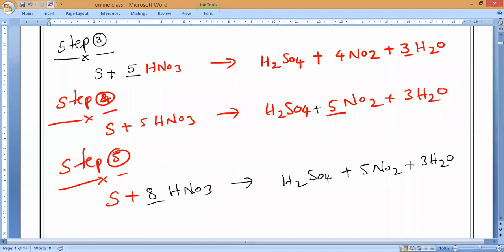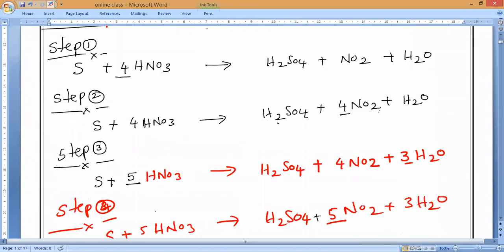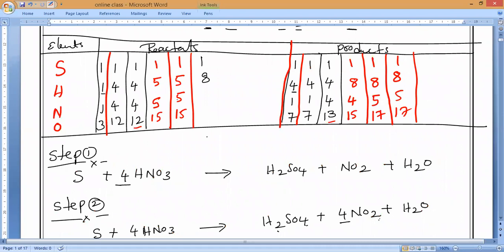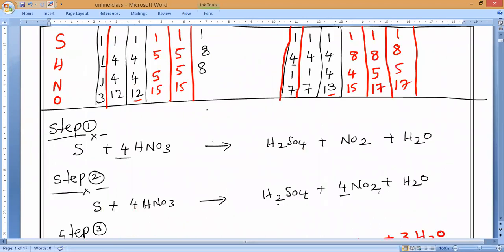So how much will it come? Sulfur, no change. Hydrogen will become 8. And nitrogen, check it. Nitrogen also will become 8, and next oxygen, 8 threes are 24. Clear?